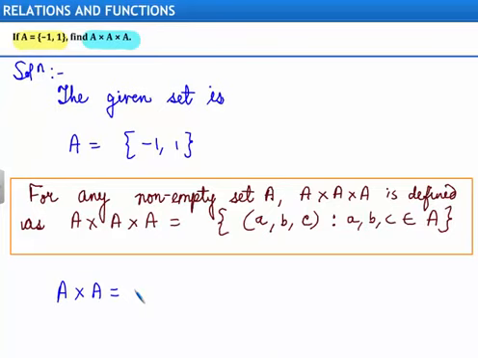Now, A cross A is equal to {(-1, -1), (-1, 1), (1, -1), (1, 1)}.